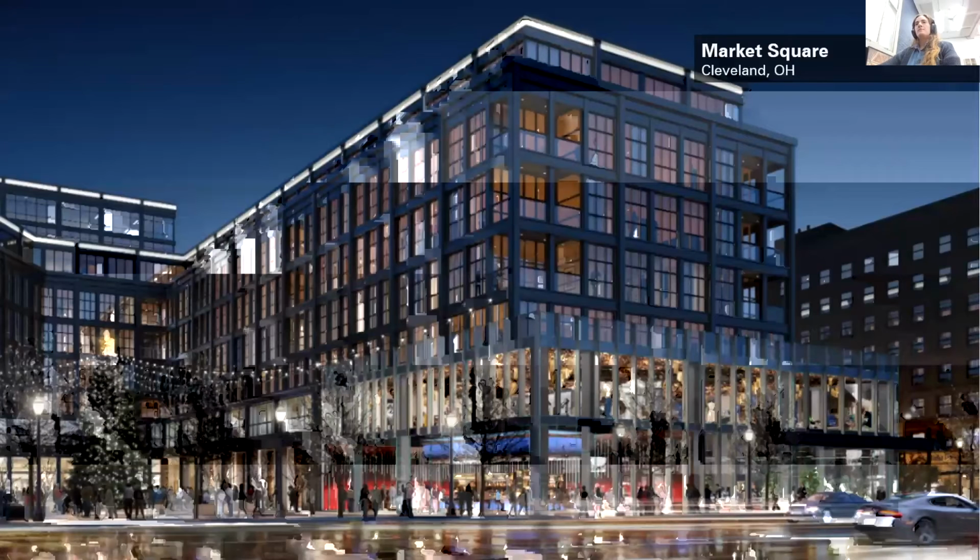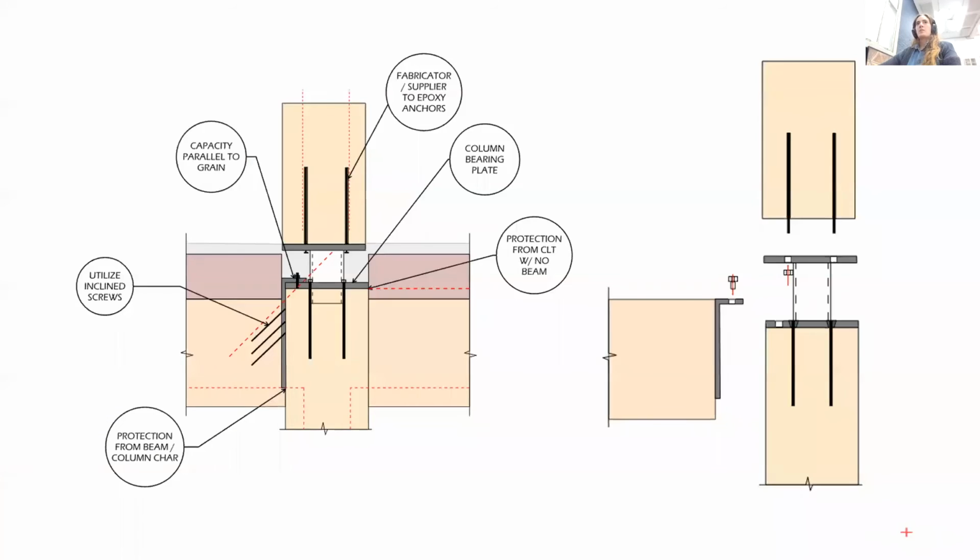And then on a project like Market Square, we spent a lot of time thinking about how connections come together and how the beams attach to the columns, mostly for cost savings and schedule savings. But we're trying to push this to the next level to think about how making the building easier to put together also makes it easier to pull apart.